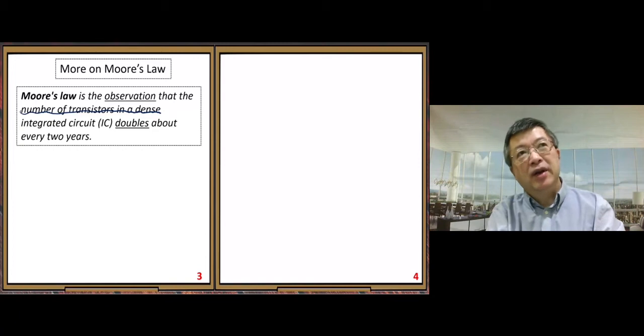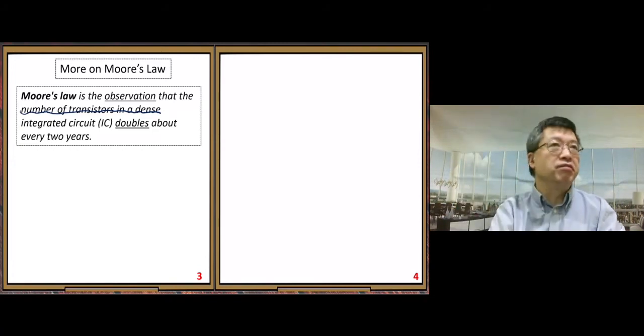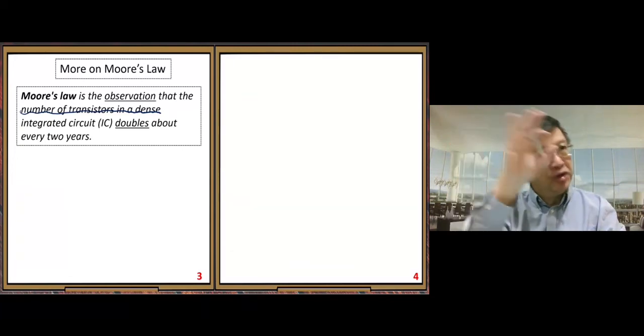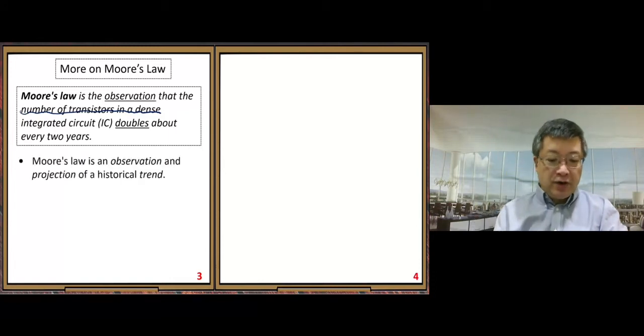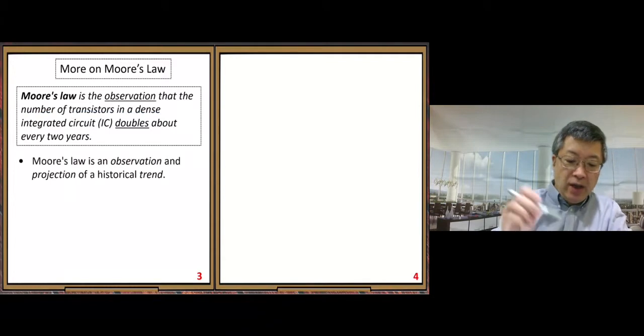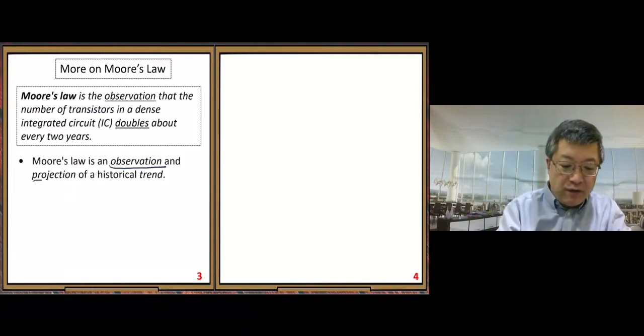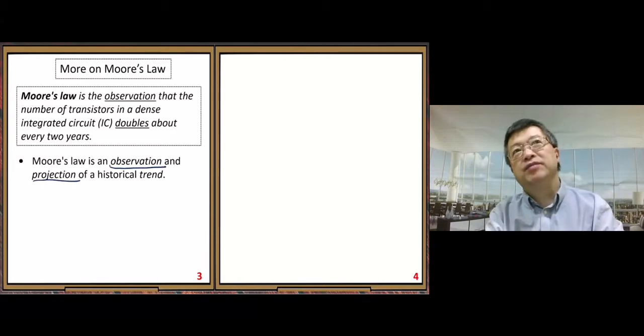Later there are several different versions, which we will see. We also refer to Moore's Law. First, it is an observation and projection of historical trend.